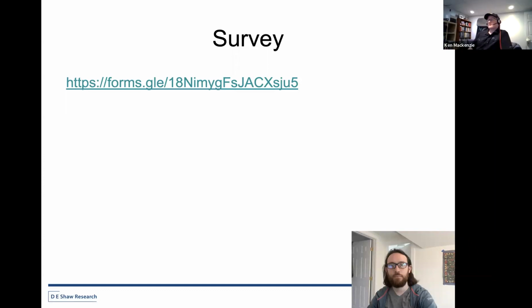You can get essentially the same result, but you'll be able to run a denser set of umbrellas, and you won't have to worry too much about how much work you put into each one. It'll figure it out for you. So that is definitely a good use case. Even though we focused on tempered binding, keep that in mind when you're thinking about what you might want to do on the machine.